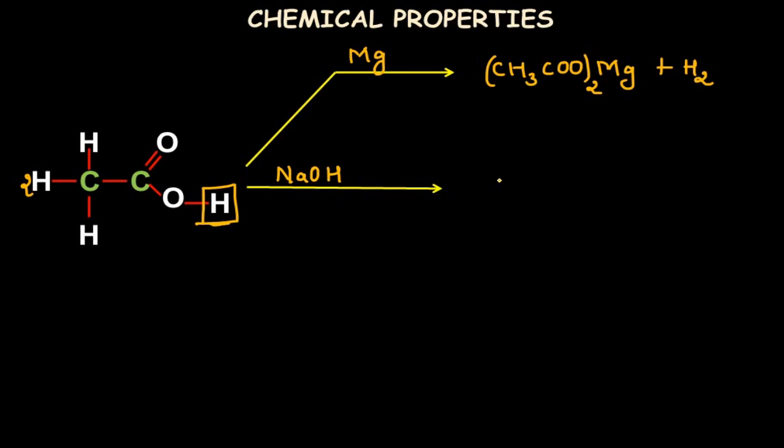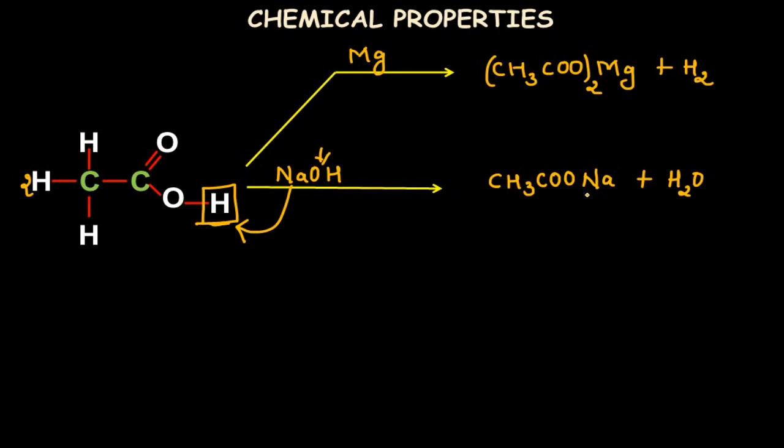Again, the hydrogen of the carboxylic acid will be replaced by the metal, so H is replaced by sodium. This hydrogen goes out and reacts with the hydroxide, forming a water molecule, and so the sodium salt of ethanoic acid is produced.